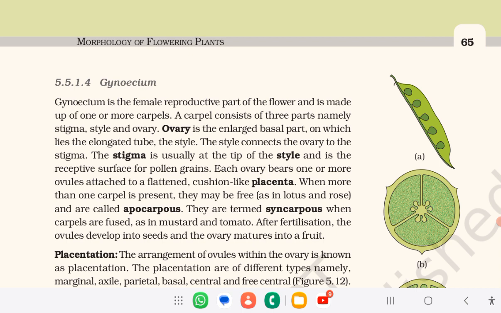Ovary is the enlarged basal part on which lies the elongated tube, the style. The style connects the ovary to the stigma. The stigma is usually at the tip of the style and is the receptive surface for pollen grains.